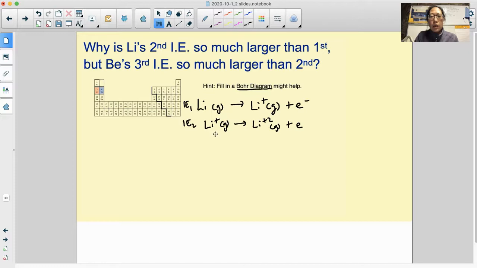Now the lithium ion looks like helium, so we're breaking into this closed shell of 2 electrons. It's going to be very hard to remove them. So we get a big jump in the ionization energy between IE1 and IE2. That's why the second one is so much larger than the first for lithium.